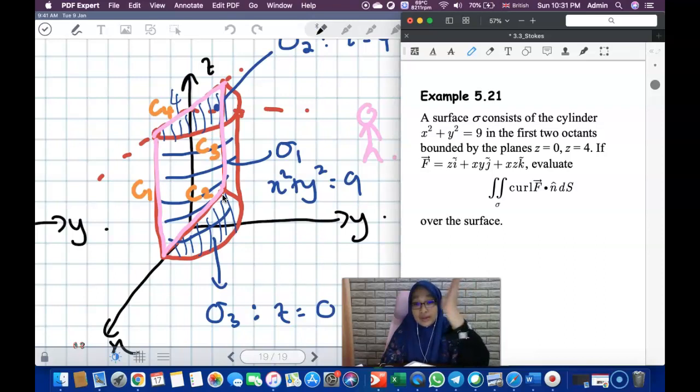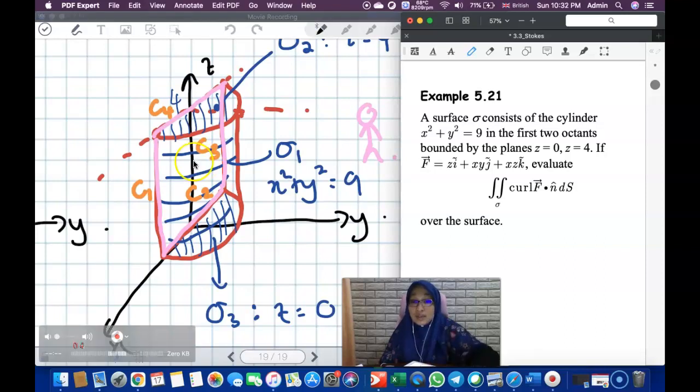So using your right hand, we are talking about the surface sigma, and on the surface sigma there is n, and n always points outward to the surface sigma. In this case, our surface sigma is the sigma 1 here, right?